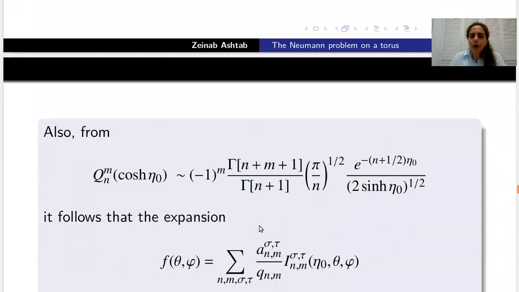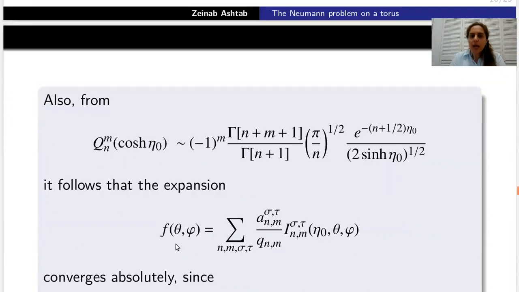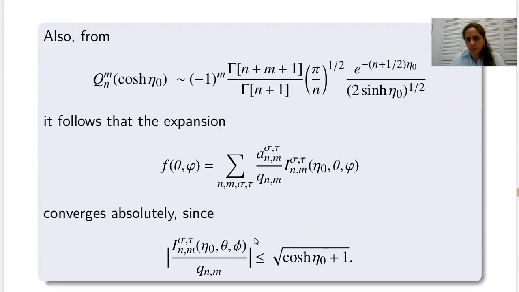Also, from these approximations, it follows that the expansion of f of theta and phi, these summations, converges absolutely, because the absolute value of capital I of eta naught, theta, phi over q and m is less than or equal to a square root of cosh eta naught plus 1.